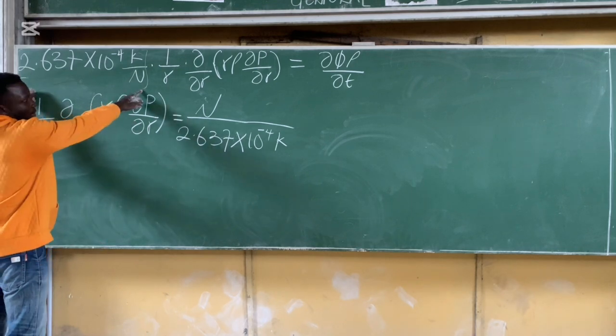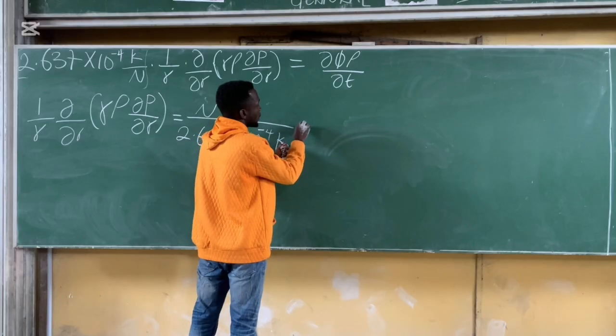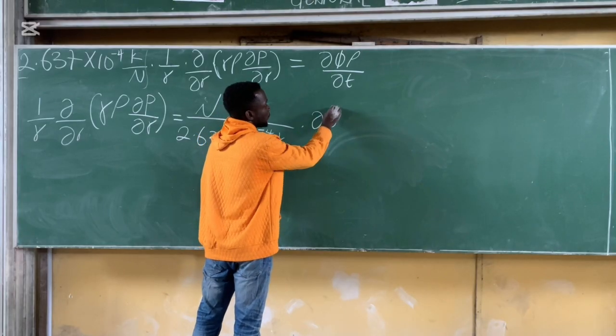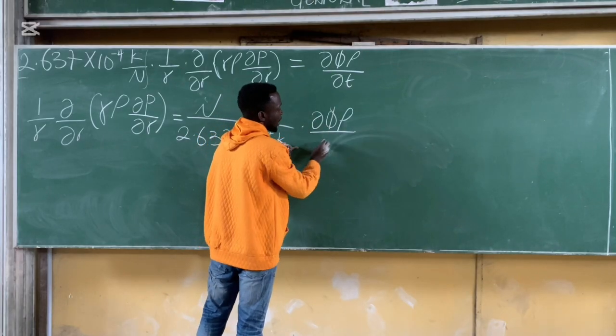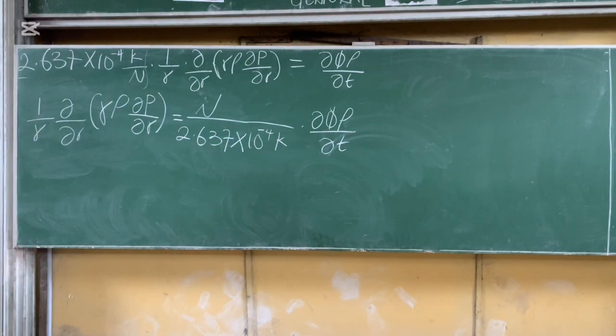Then multiply by d(phi rho) divided by dt. So we have this.